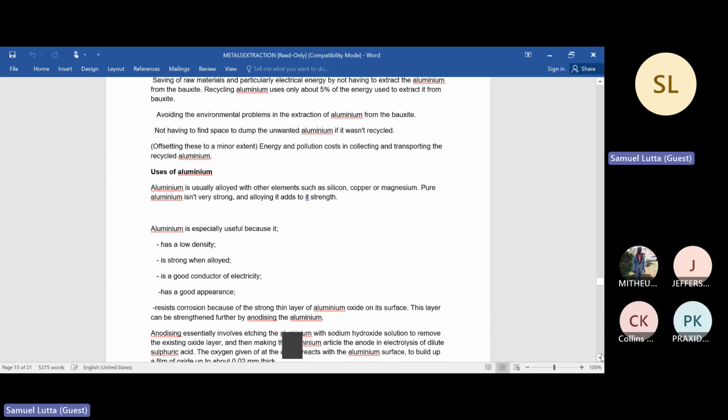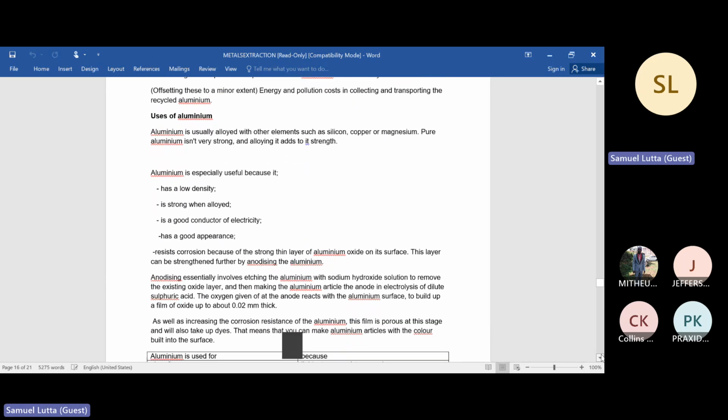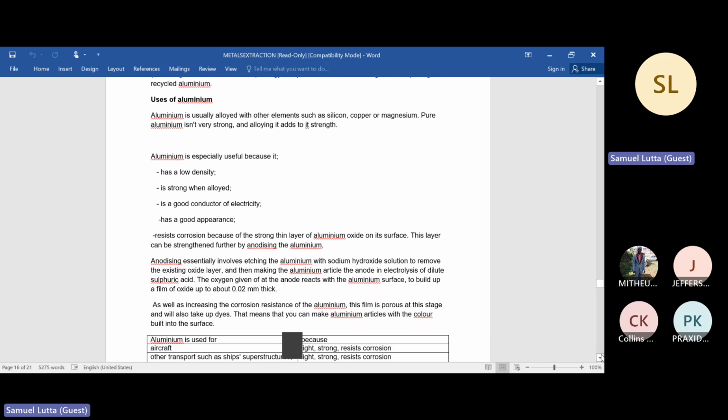So you just recycle. So what are some of the uses of aluminium? Aluminium is usually used as an alloy with other metals such as silicon, copper, and magnesium, because pure aluminium is very light.